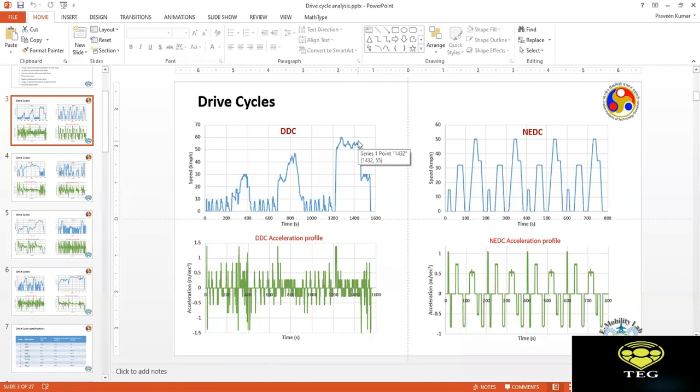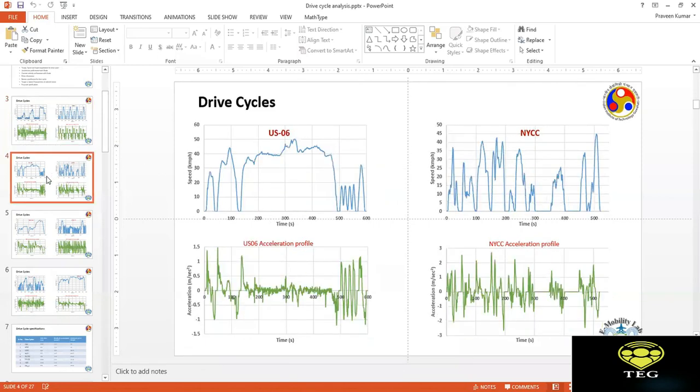Now this comes to a next critical point. For any prime mover, be it an engine or a motor, producing high torque at high speed is usually difficult. It's more challenging. So to meet the requirements of the Delhi drive cycle, the choice of a prime mover is rather different than to meet the requirements of the New York City cycle.